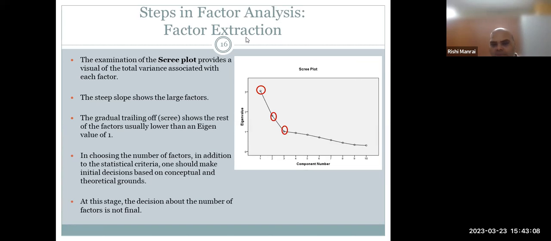Now, many times the candidate does not perform this factor analysis properly, or does not take care of the minimum conditions which should be fulfilled.